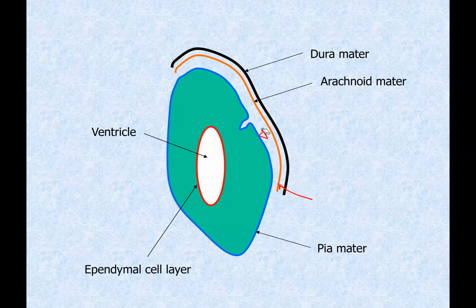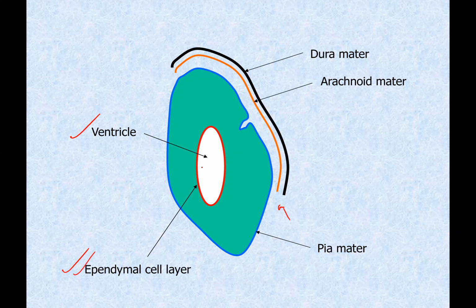Then the other thing is, inside the brain, it's not completely filled with brain substance. There are cavities which are called ventricles. This is one ventricle that we have drawn, and the ventricles are lined by a cell layer called the ependymal cell layer. So outside you get meninges, then inside you get the ependymal cell layer.